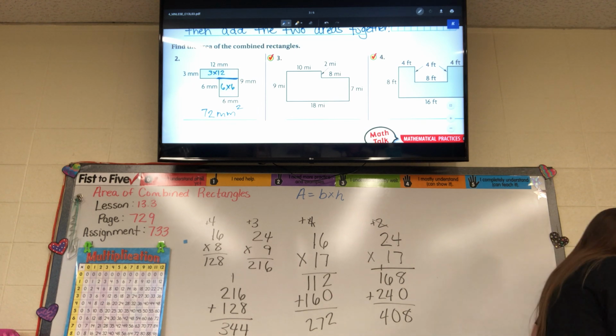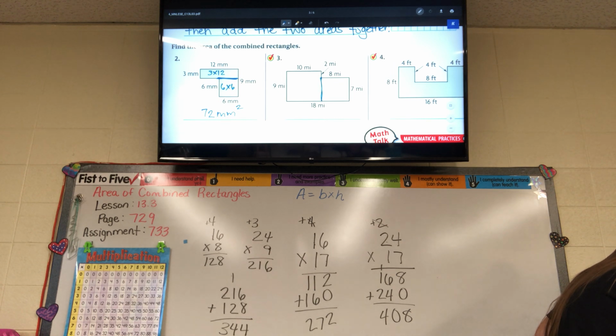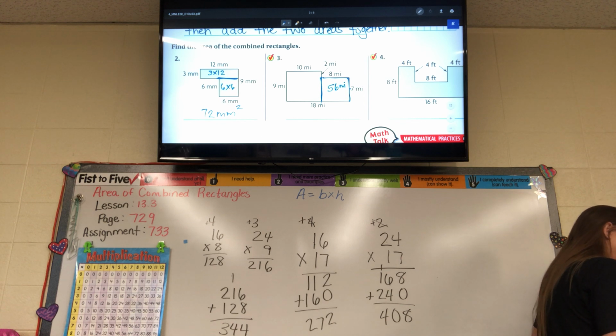Next, let's draw a vertical line right here. So I can see that 8 times 7, a base of 8 and a height of 7, is 56 miles for that one.